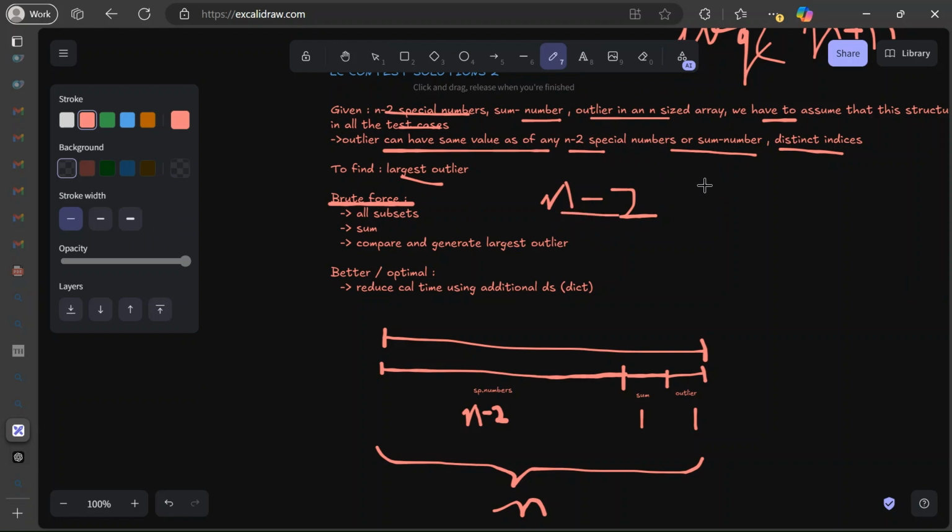This would require n square order of operation. Then we have to calculate the sum of this. So that would be an O(n cube) time complexity.